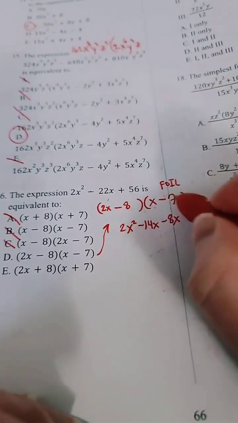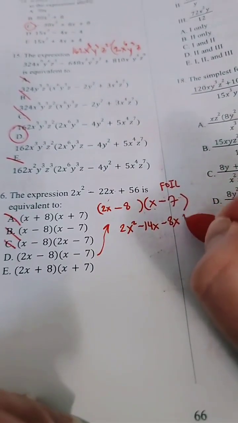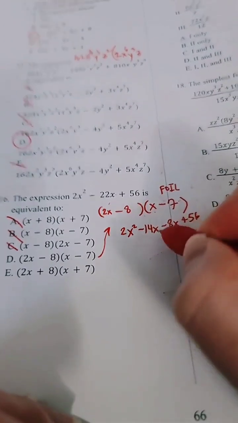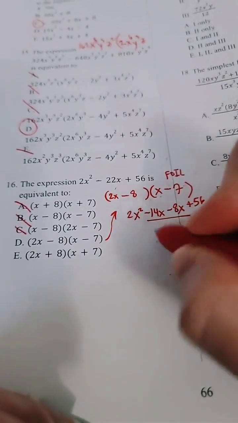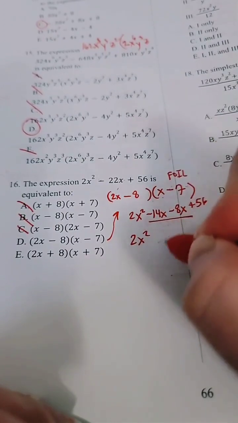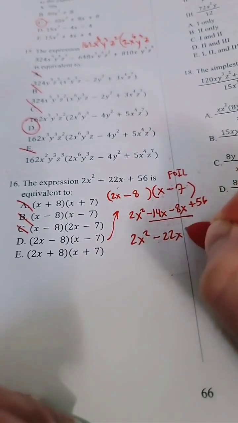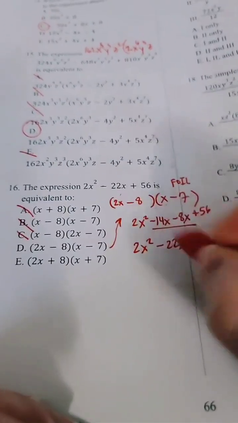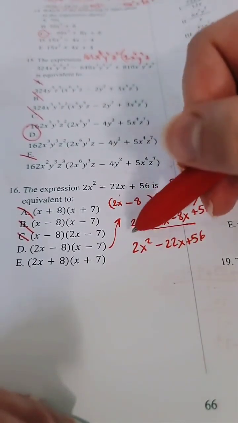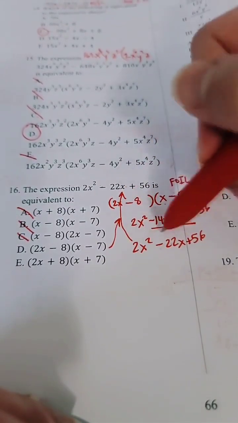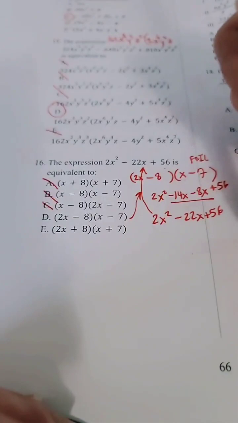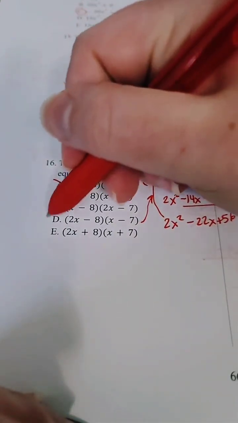And then last is negative 8 times negative 7, so that's going to be positive 56. So then you see, okay, I'm going to combine my like terms here. So I have 2x squared minus 22x plus 56, and that's why I like to call it reverse foiling, because you get back to what you initially had and you know that you factored it out correctly. So it would be D.